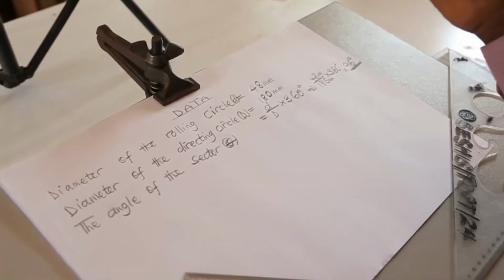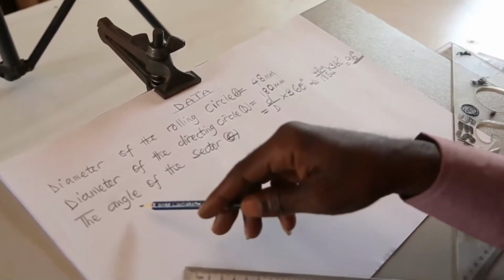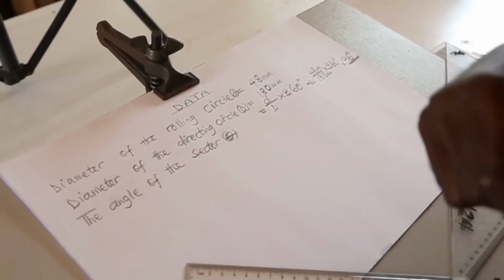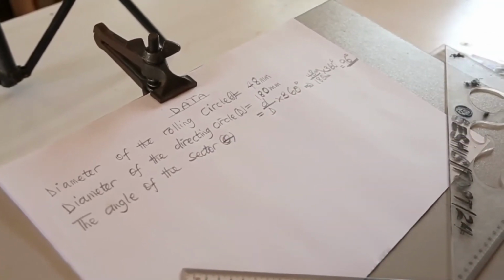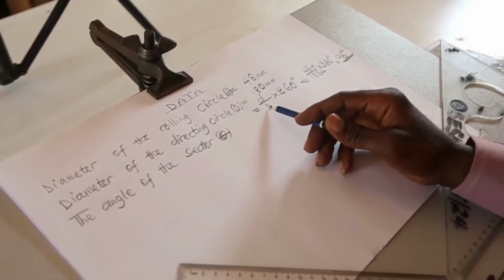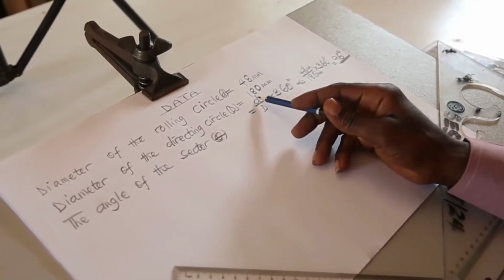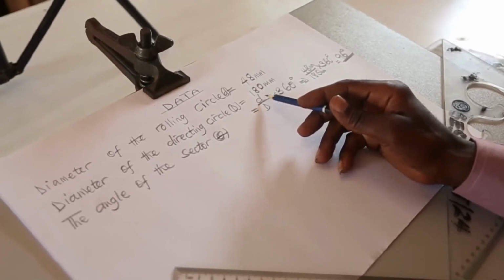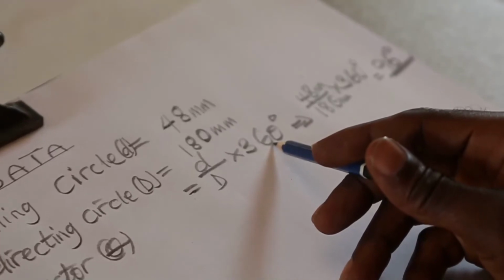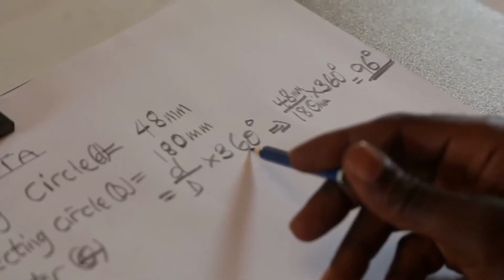Now, what we were not given in the question was the angle of the sector. In that case, you have to determine the angle of the sector. This is a formula that can be used to determine it. You divide the smaller d by the bigger D and multiply by 360, and the answer you get is going to be the angle of the sector.